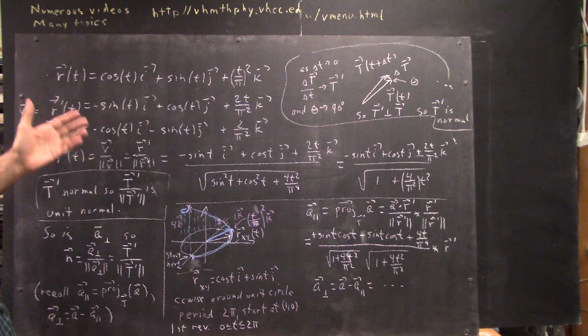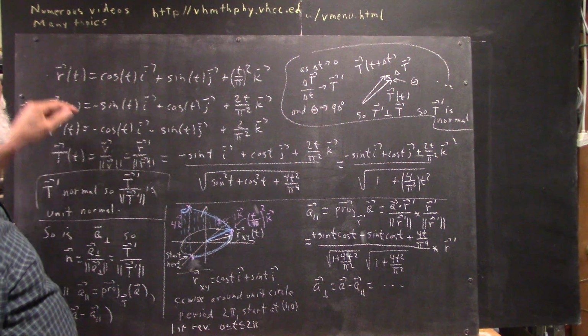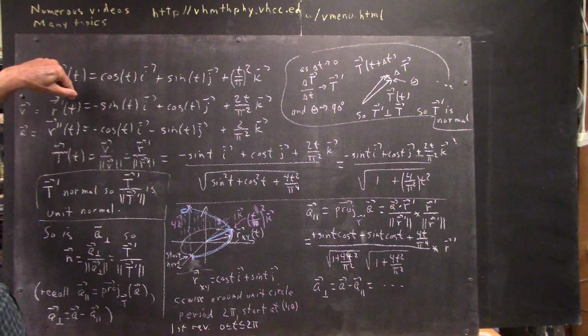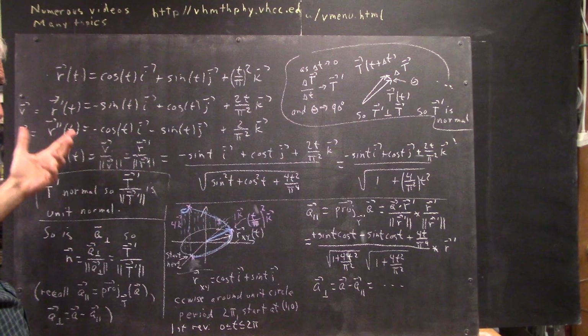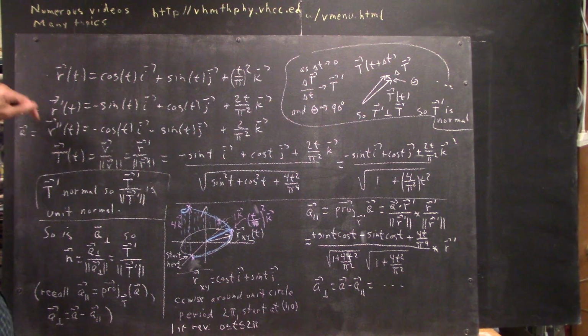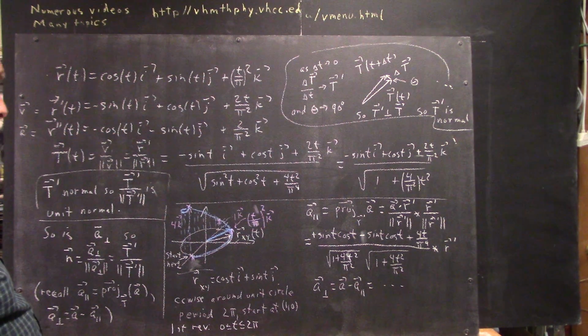And this expression doesn't assume that our parameter represents time. If our parameter represents something else, we're really not talking about velocity, are we? So it's equivalent just to say that the unit tangent vector is the r prime vector divided by its magnitude.